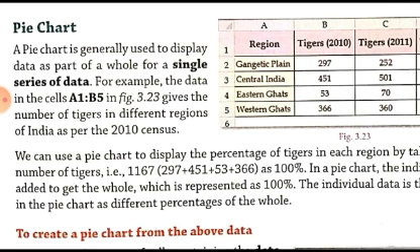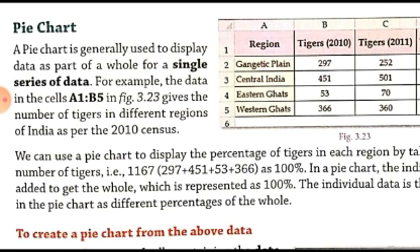We will consider this value of 1167 as the 100%. Then, based on the number of tigers in the different regions, the percentage share of every region will be calculated.